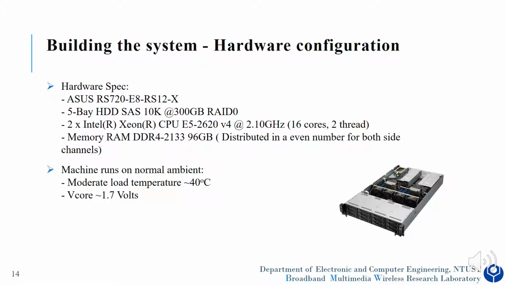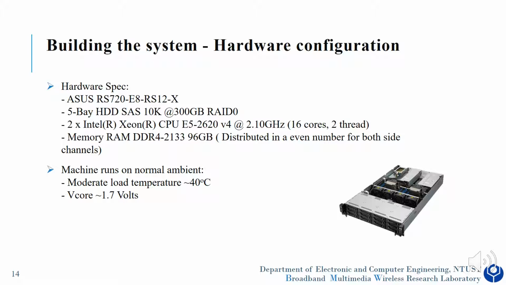For the implementation, we start with the hardware. We use an ASUS RS720, RS12X, which has 12 bays, but we only use 5 bays of HDD using SAS with a speed of 10k RPM.